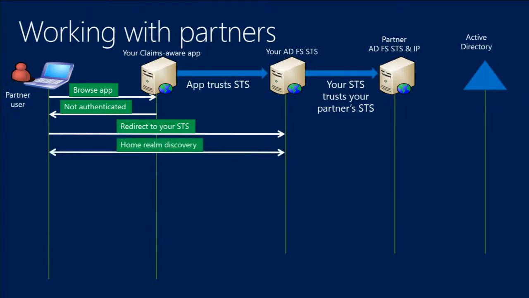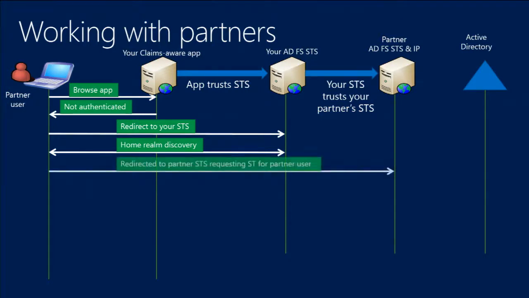And then we have to do a thing called home realm discovery, because this security token service may trust a number of other security token services. So the home realm discovery basically says, hey, where's your home realm to authenticate you? There are various ways that that can be automated, but somehow we need to discover the home realm of the user. It then redirects you to the appropriate ADFS server.